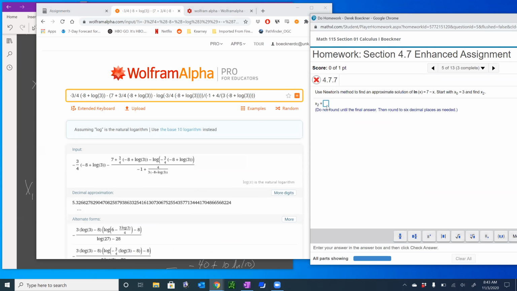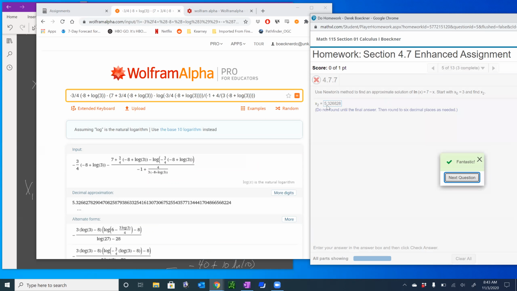And so it's going to tell us that this is 5.32682. And we're good. So much easier that time. Other questions you guys have?